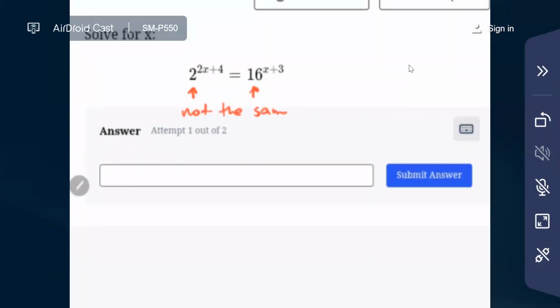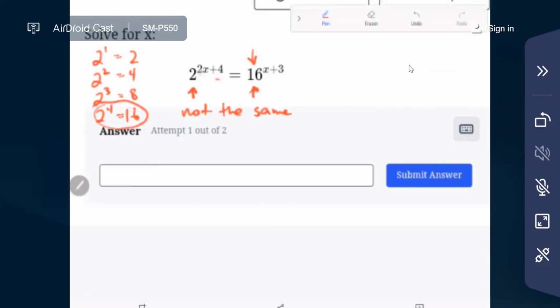And you're trying to make the two bases the same. And so I noticed that 16, if you think of the powers of 2, 2 to the third power is 8, 2 to the fourth power is 16. So 2 to the fourth equals 16.